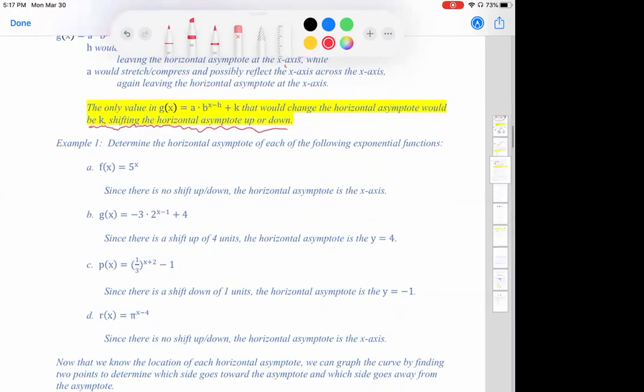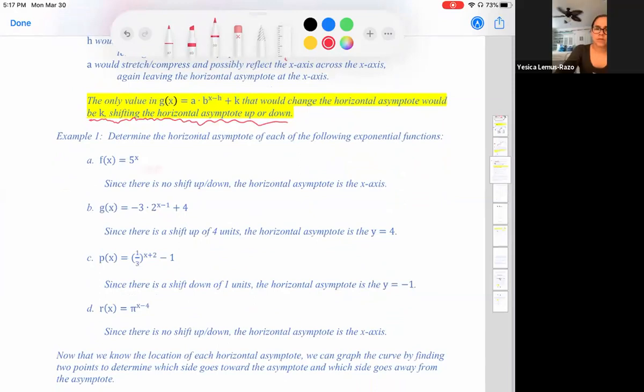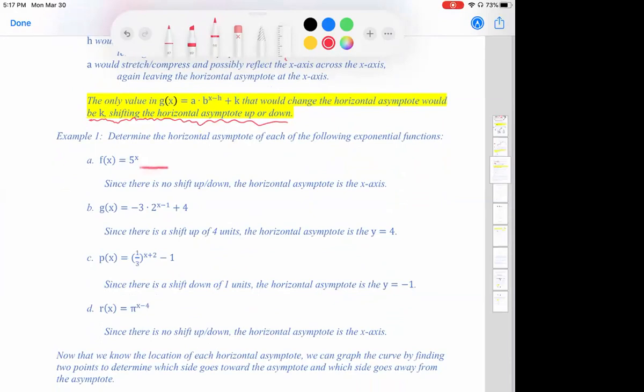So take a look at A. Do we have anything being added or subtracted on the side of our function? No, right? So we can say that there's no shift up or down. We have that same horizontal asymptote at y equals 0, our x-axis. Let's take a look at the next one.